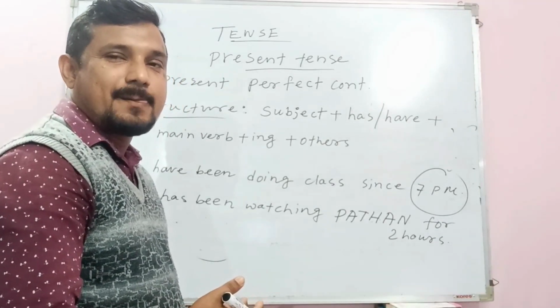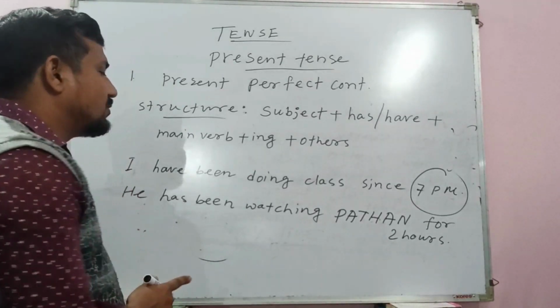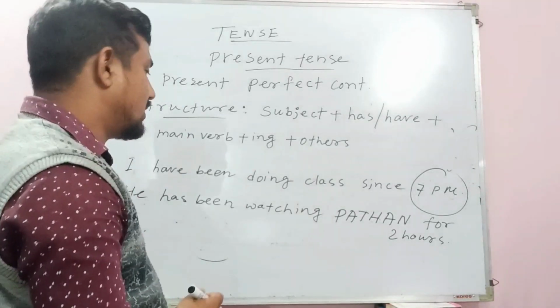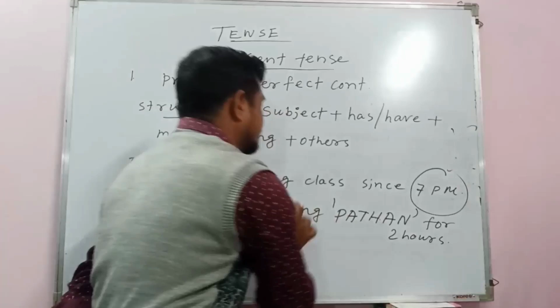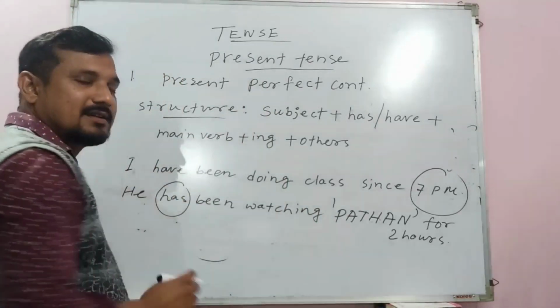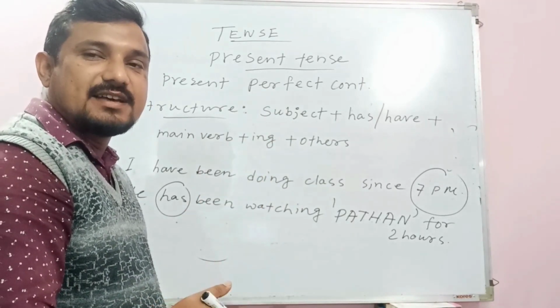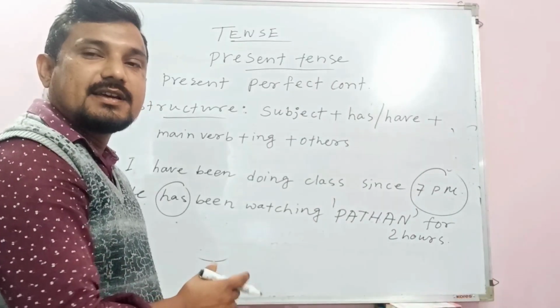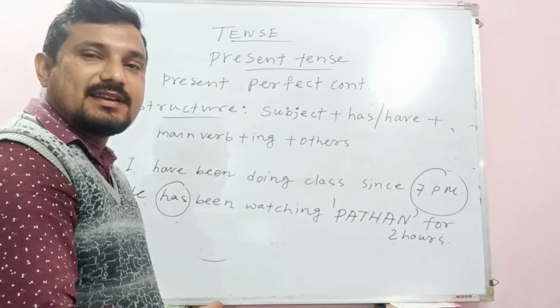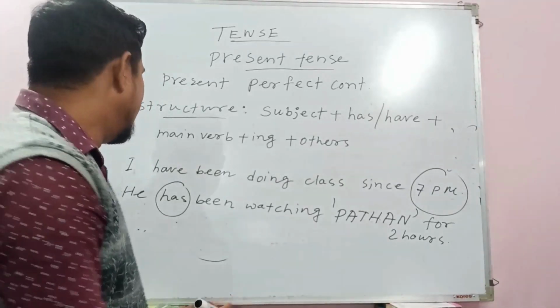Pathan means the Pathan movie. Now it is a burning topic. He has been watching Pathan for 2 hours. After the subject he, has is used, just like in present perfect tense. In present perfect continuous tense also, if the subject is third person singular, then has is used. The rule is the same in every present tense.